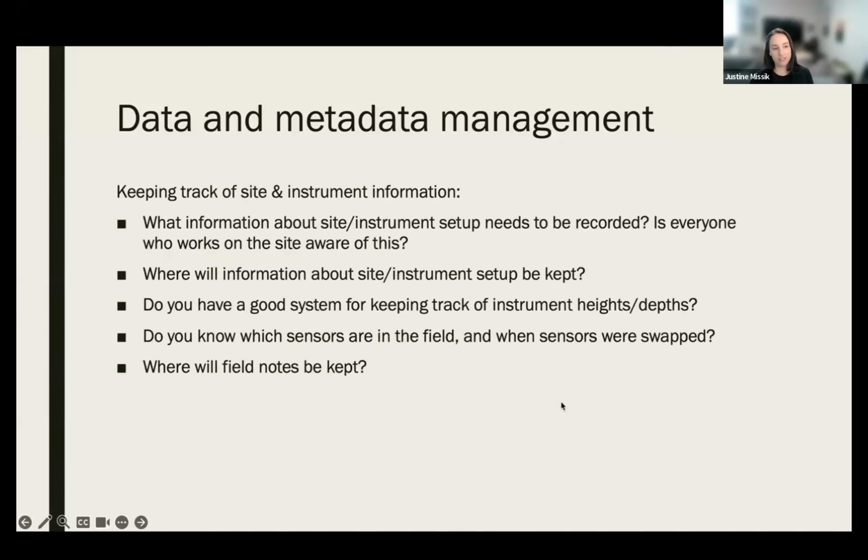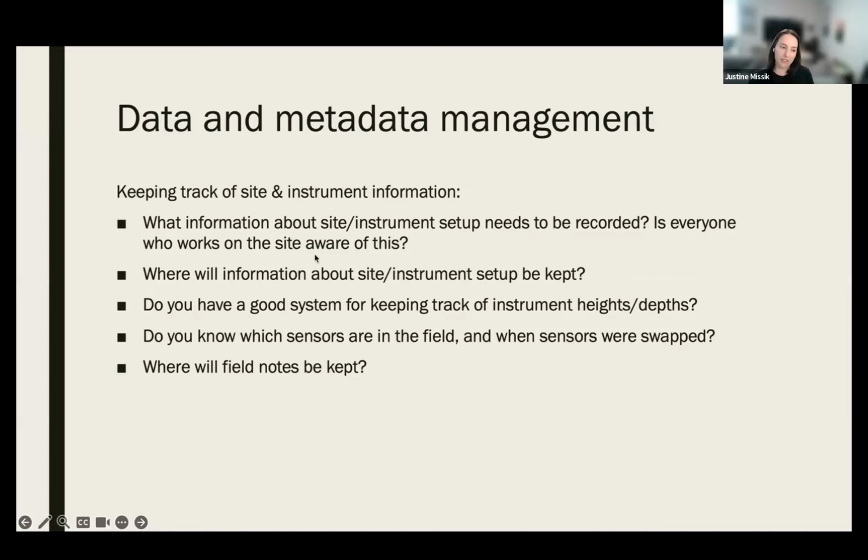is that first of all, it's really important to spend some time in the beginning thinking about how you're going to be keeping track of site information and instrument information. Think about what information about the site and your instrument setup needs to be recorded, and whether everybody who's working on the site is aware of what information needs to be recorded.